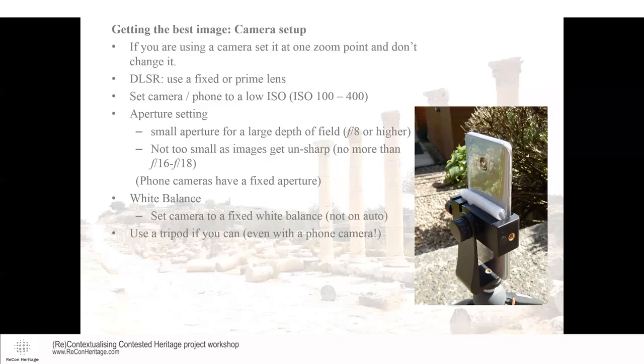If you have a tripod, use it if you can. If you're only doing this on a phone camera, then it's possible to use a tripod for the camera. So for instance, this on the right hand side is my very cheap $5 camera mount for my phone, and you'll see that I've padded it out with a bit of sponge to make sure that the rotation point of the tripod, which is this attachment point here down at the bottom, is in line with the camera itself.